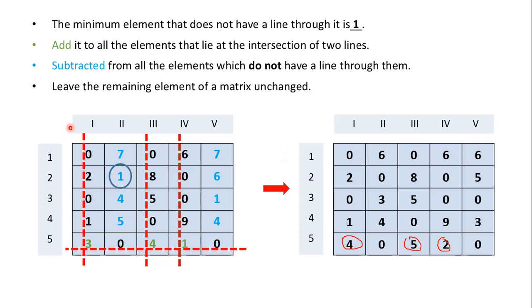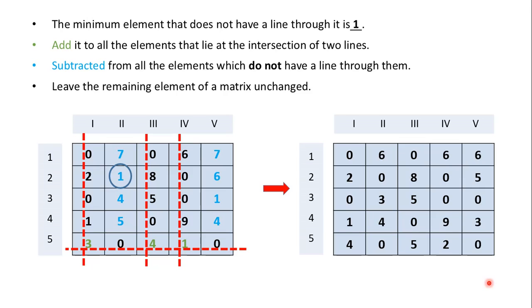But again you can see column 1, column 3, column 4 and row 5 are unchanged, not disturbed, they are as they were written, because we are not adding or subtracting anything. So we have the updated table now.